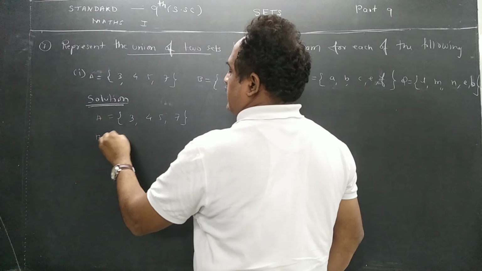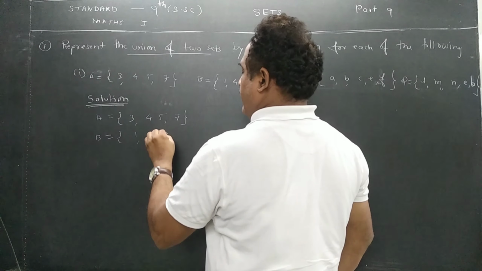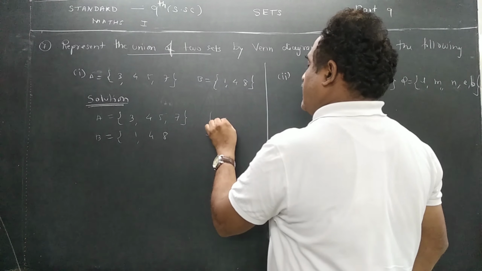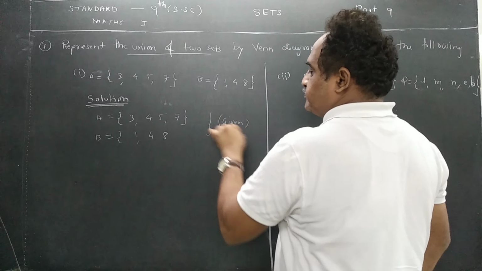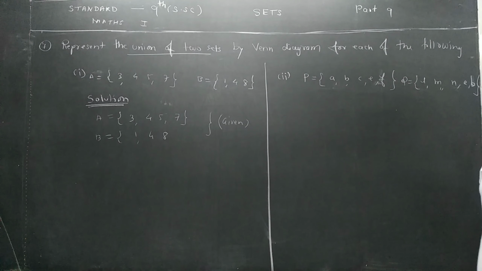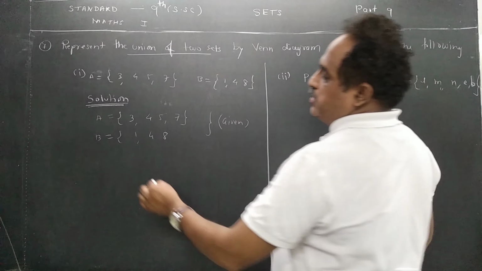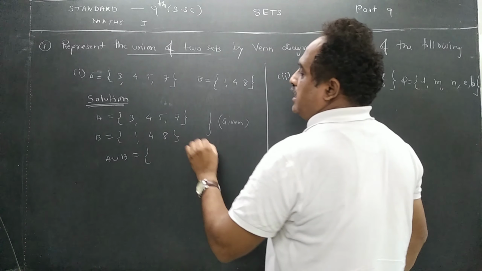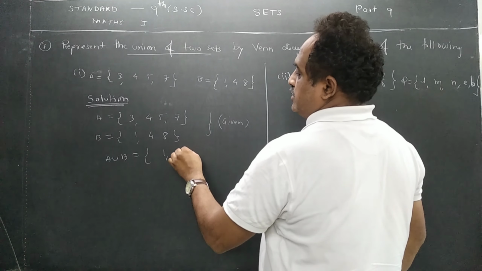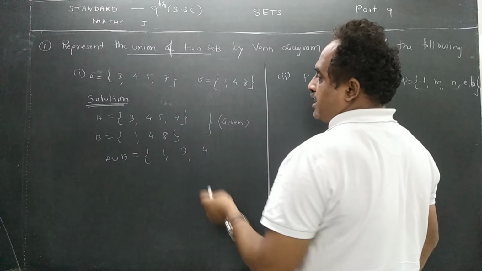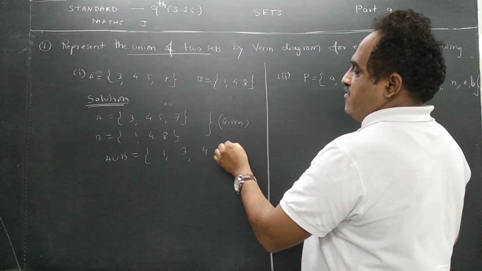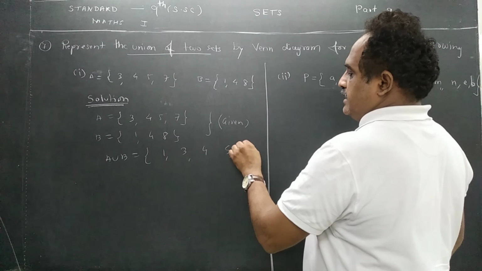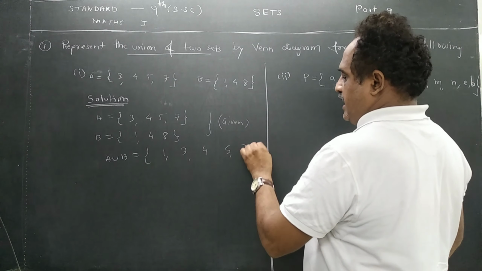B is a set of 1, 4 and 8. These things are given to you. Now once they are given, we have to find A union B. What is A union B? The set of 1, 3, 4, then 5, 7 and 8.